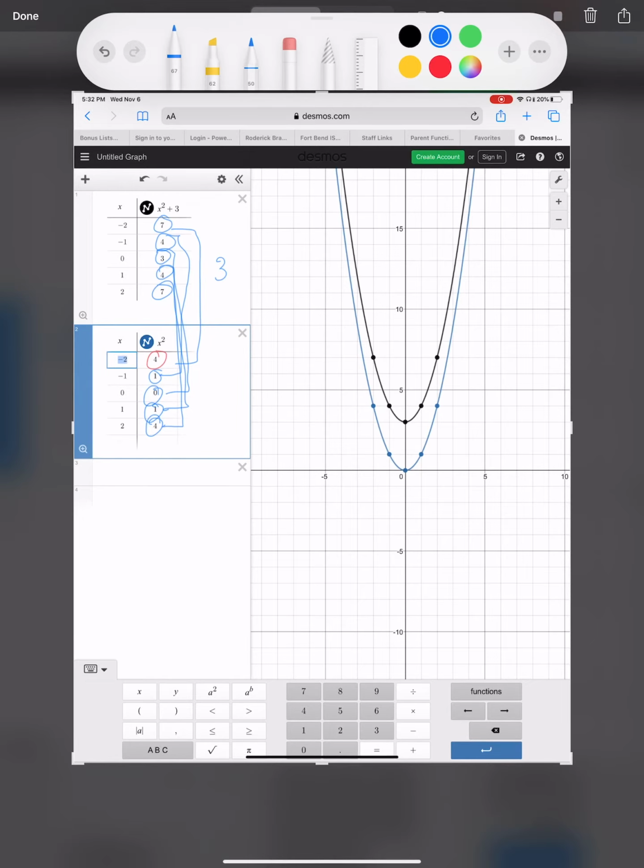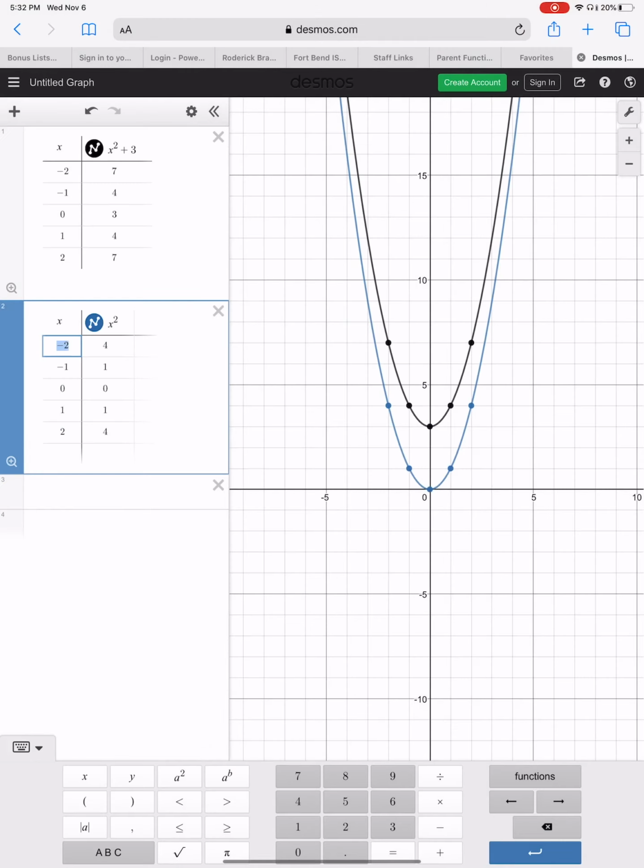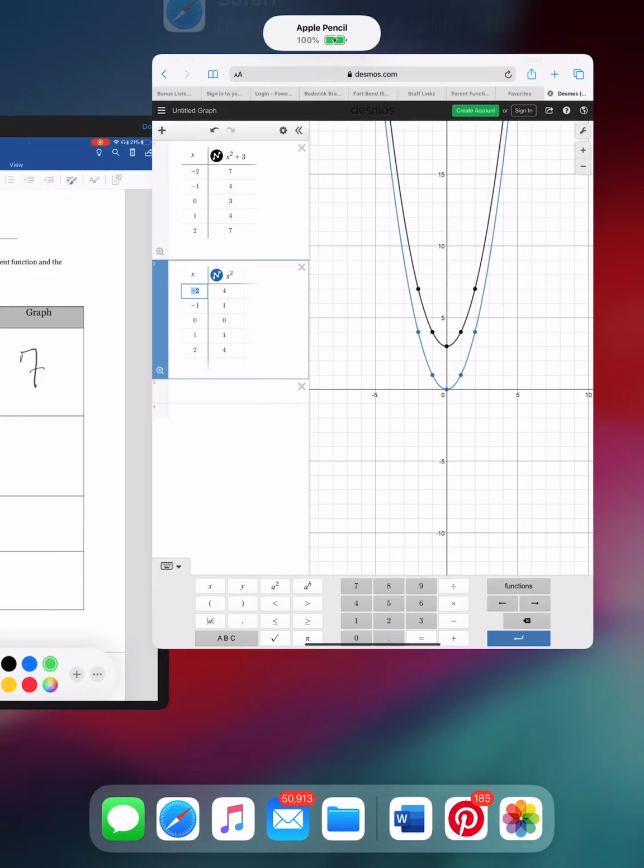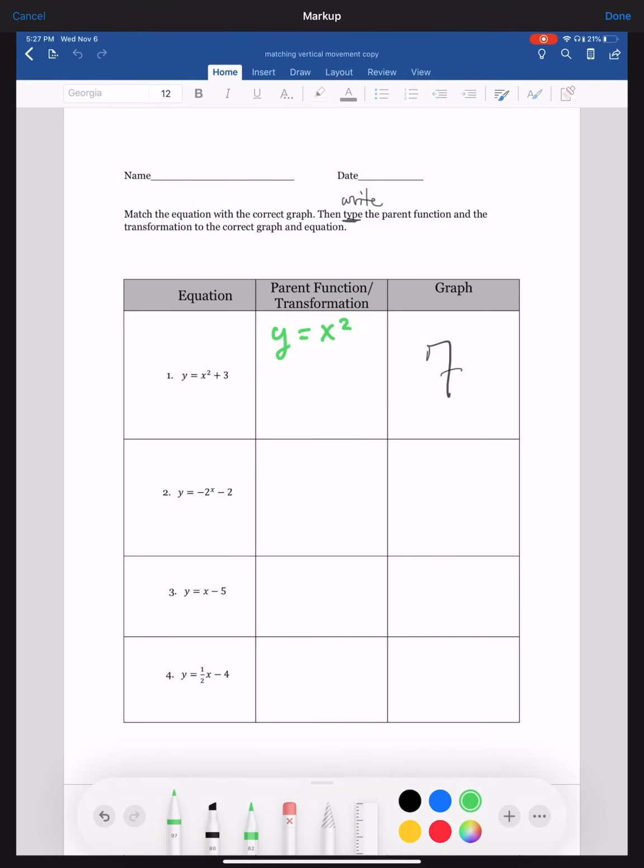So what does that mean? For our transformation, we're going to put "moved up 3 units."